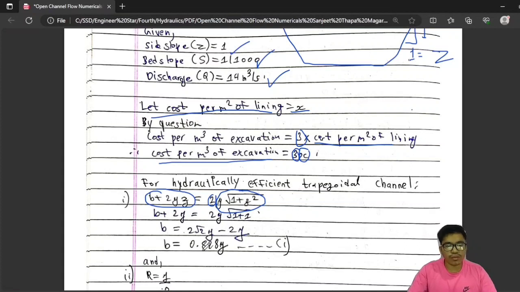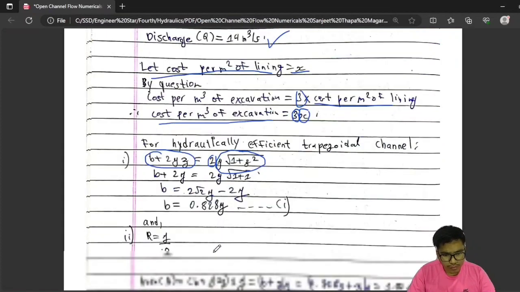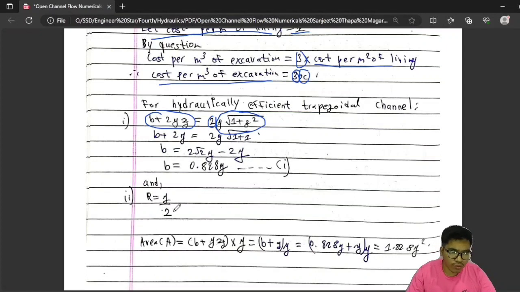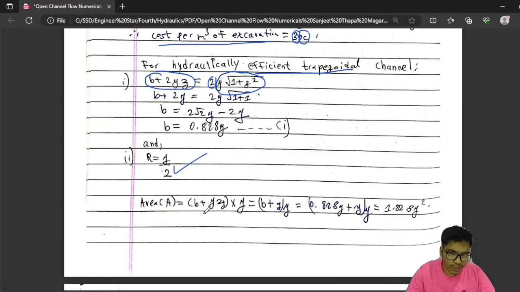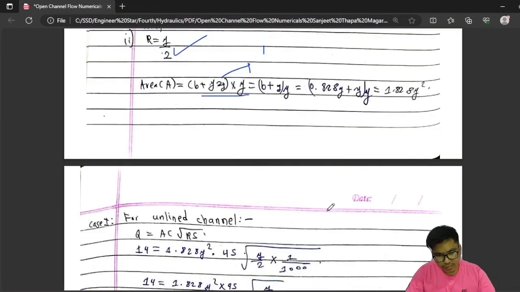So B is 0.828y, and R is equal to y divided by 2 for this efficient section, and area is B plus yz times y. Z is equal to 1, so B plus y, with B being 0.828y, plus y, times y, which is 1 plus 0.828, 1.828y, and this times y makes 1.828y square.